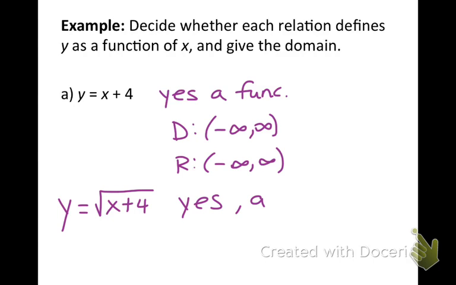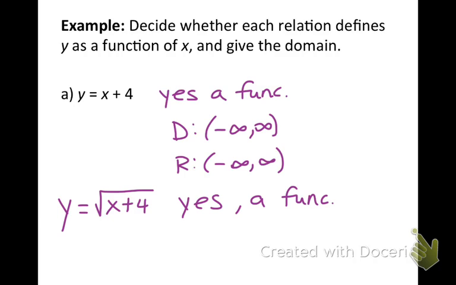So yes, a function. Now how do I identify the domain and the range? Is there any restriction to what number I put in here? Now let's think about this really quickly. If I plug in, let's say, negative 5, what do you get? Can I get the square root of a negative 1?